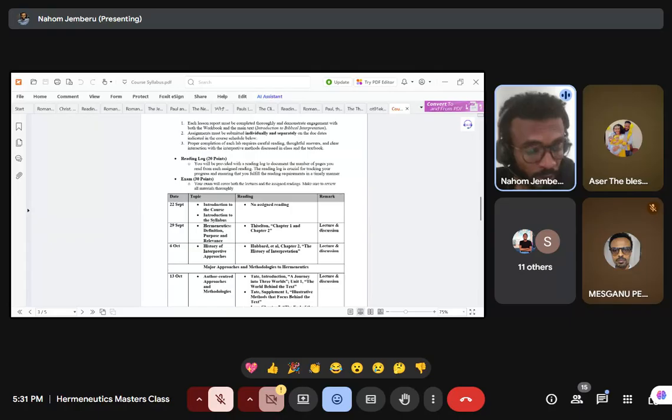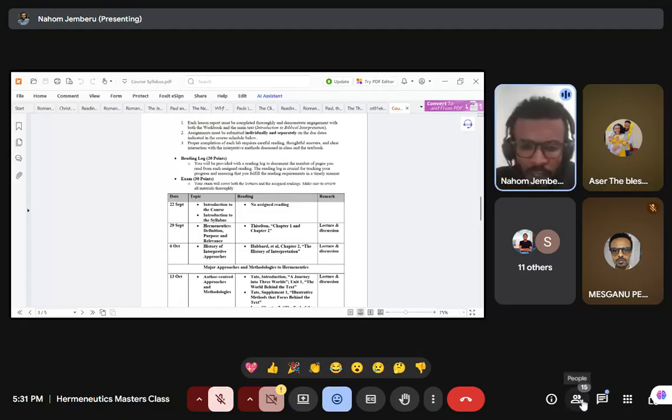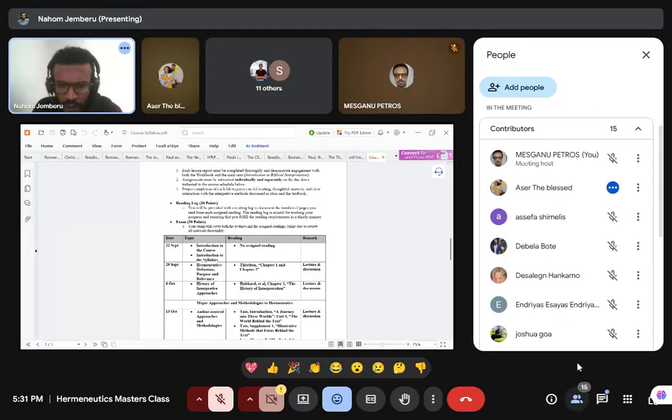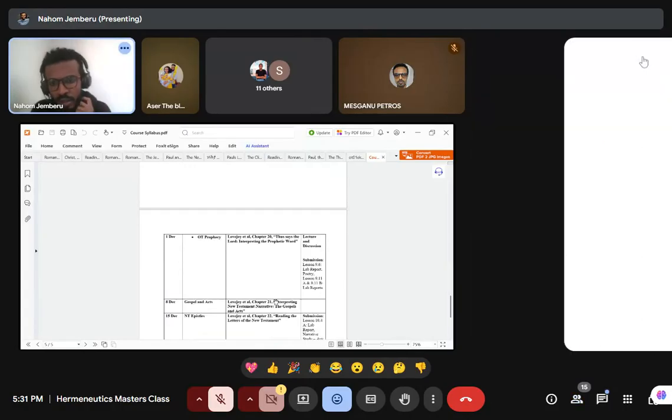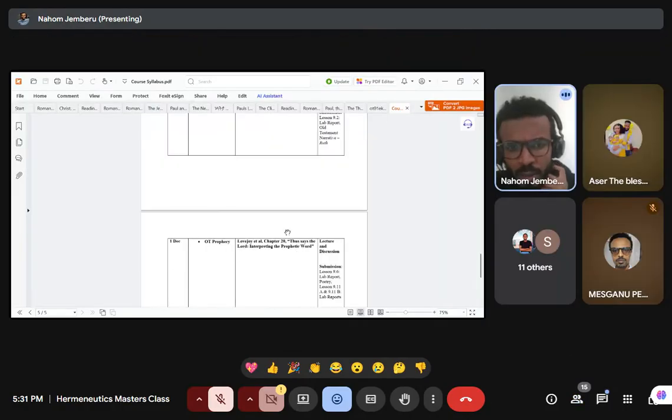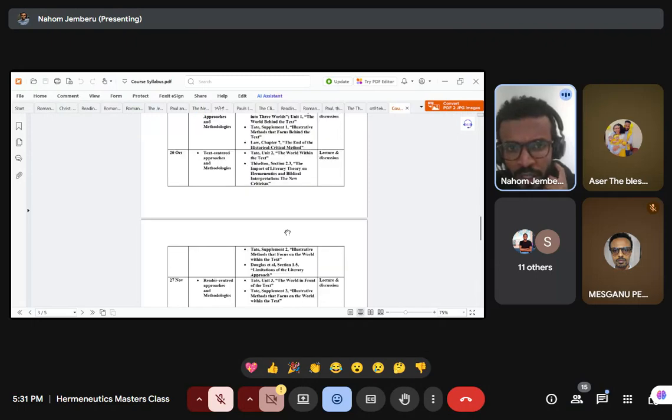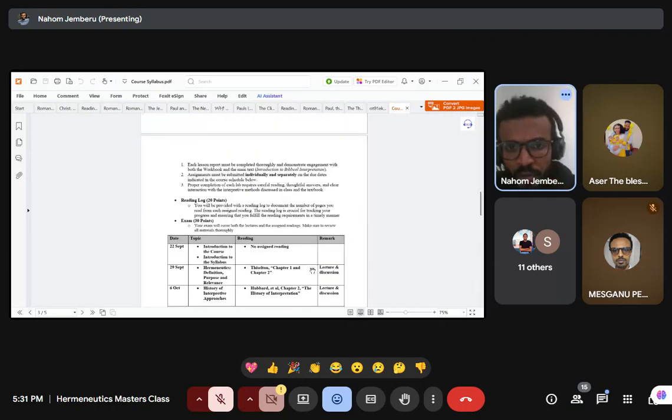Other than that, there will be an exam also. It will consist of the assigned readings. So do that. I think the plan is that it's going to be a final exam, so it will be at the end of the semester.